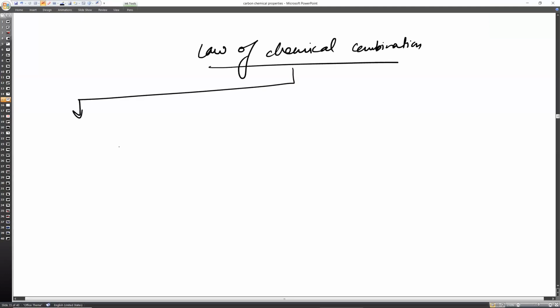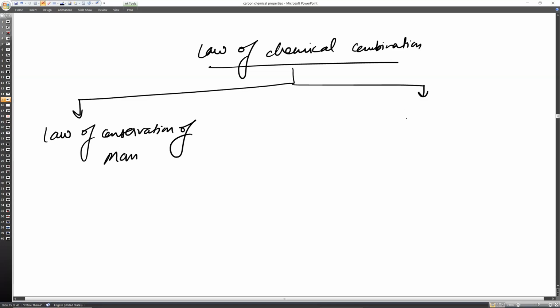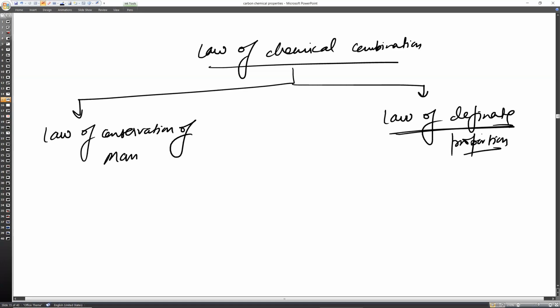The first is the law of conservation of mass, and the second one is the law of definite proportion.